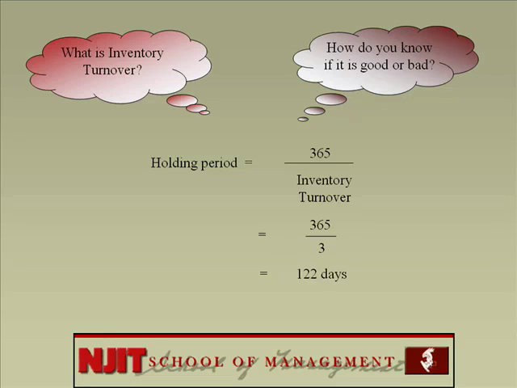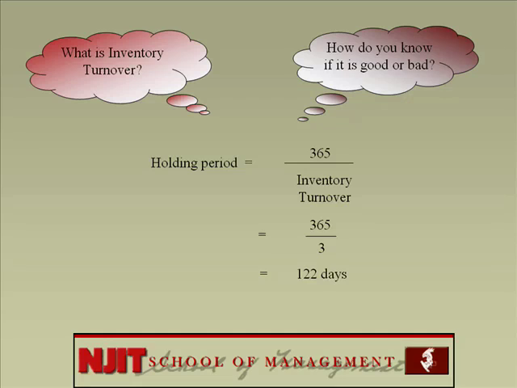Means inventory was turned around 5.4 times during the year. And you'd also go one step further and compute the holding period, in this case 365 divided by 5.4, and you get the number of days.